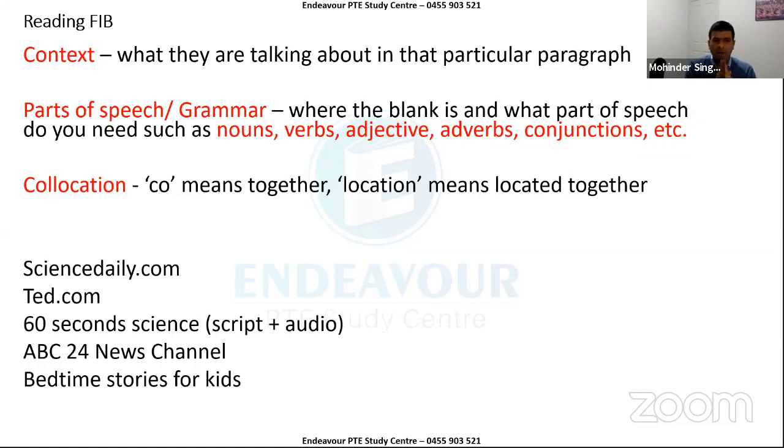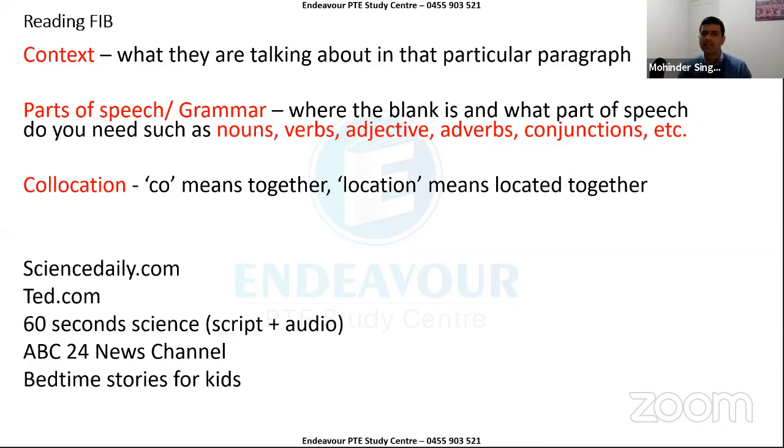Second thing we need is the parts of speech. We can also call it grammar. Remember, the blanks are in a passage. The passage has been written by someone keeping in view the certain message the passage wants to give. On the basis of that, the writer has chosen some words. If you understand the writer's perspective with the help of context, you can get to the right answer. And then the writer is going to use sentences.